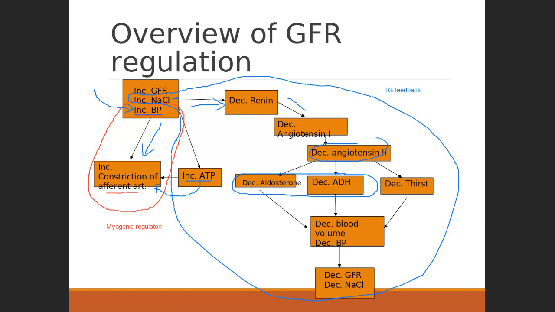Tubuloglomerular feedback isn't so much worried about the immediate changes in glomerular filtration rate. But what the tubuloglomerular feedback will do is take the initial change in blood pressure that was the crux of the problem all along and work to correct it. So if blood pressure was too high, driving GFR up, tubuloglomerular feedback lowers it down.